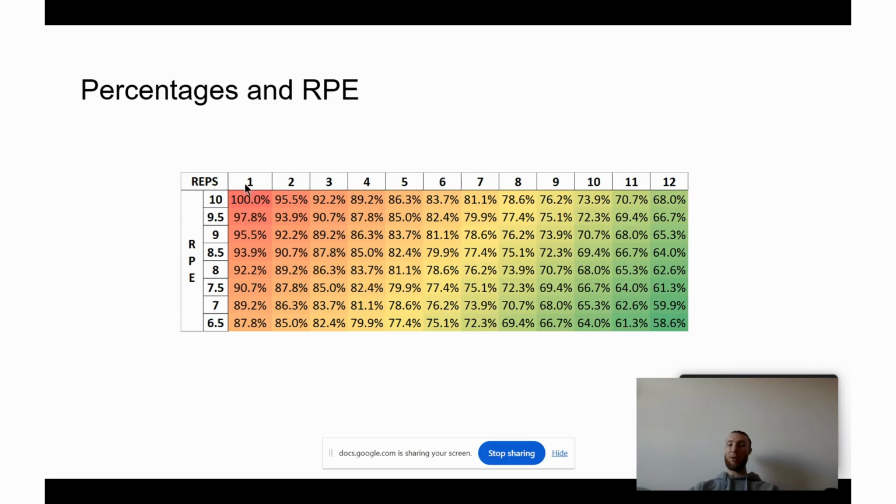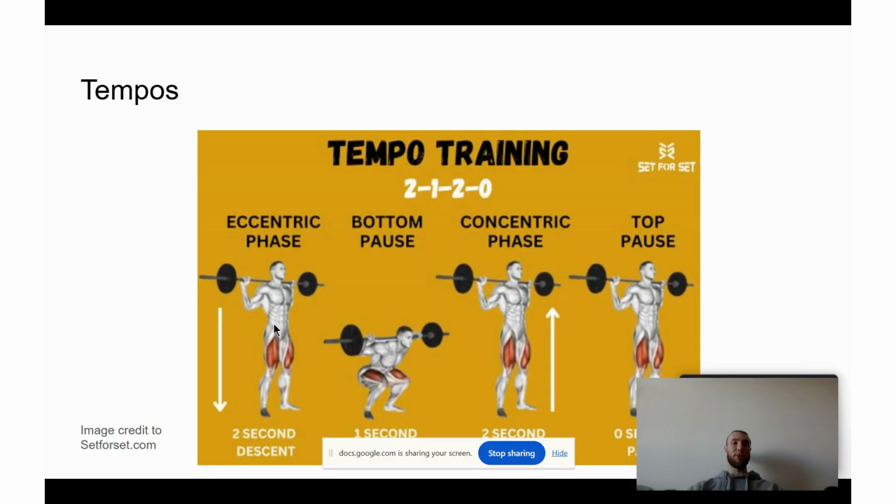Versus let's say you did one rep with 87.8% of your one rep max, that's going to feel probably like a 6.5 RPE, because you could have done way more weight. Therefore, it doesn't feel as hard. So that's the relationship between RPE and percentages.